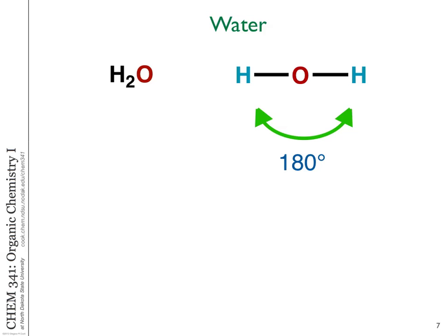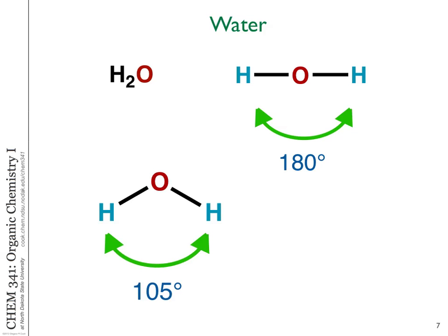And the angle between the hydrogen, oxygen, hydrogen would be 180 degrees. But that's not the true structure of water. If you actually look at the structure of water, it's bent. Water has a bond angle from hydrogen, oxygen, hydrogen of 105 degrees. Okay? And so you should ask yourself when you see something like that, why? Why does it bend like that?